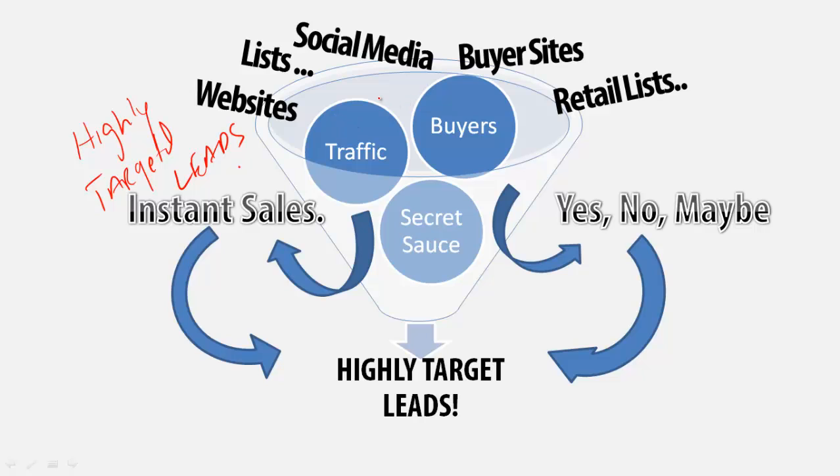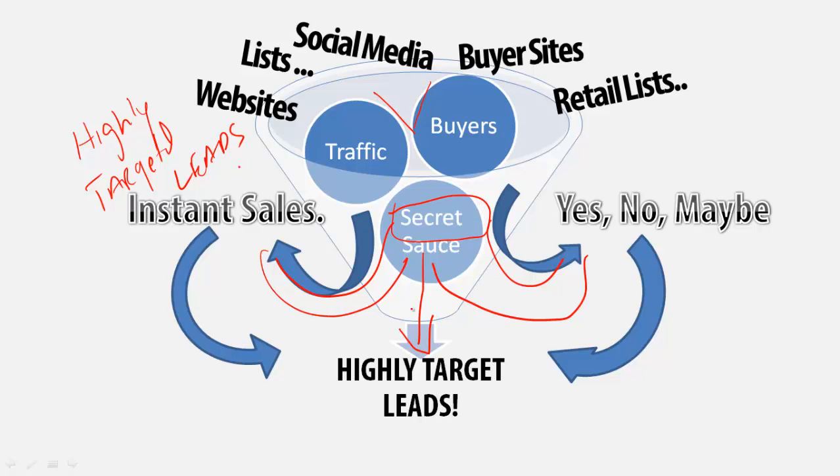By coming in the top, hitting this section here, coming out, coming back in, and then coming over here and coming back in, by the time they actually come out of this funnel, they're highly targeted. They're ready, willing, and able to buy.